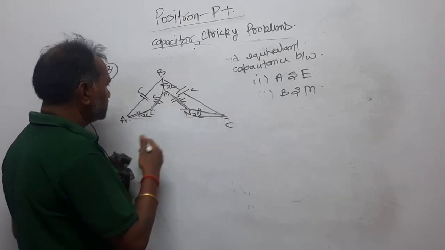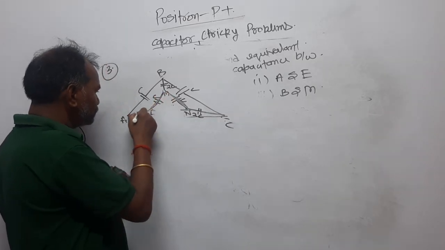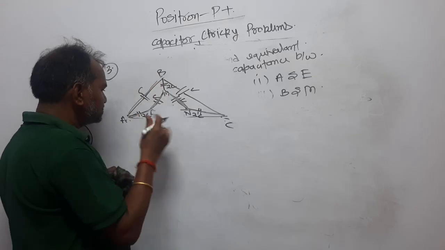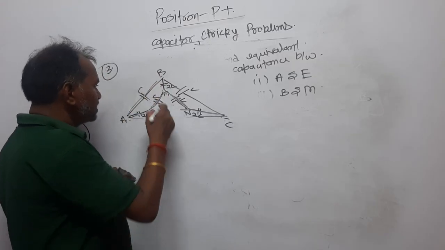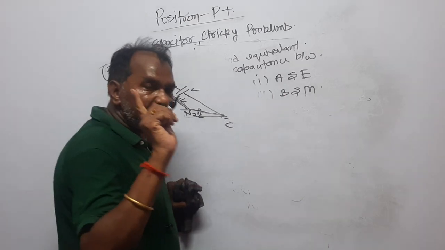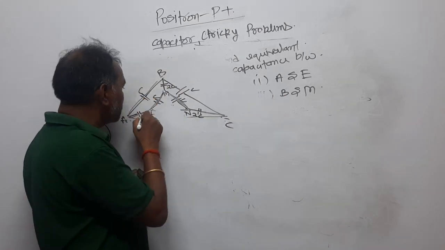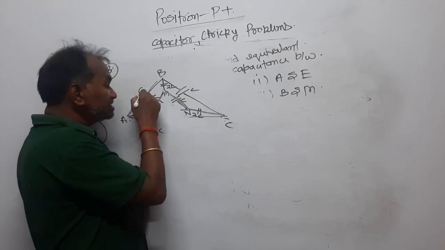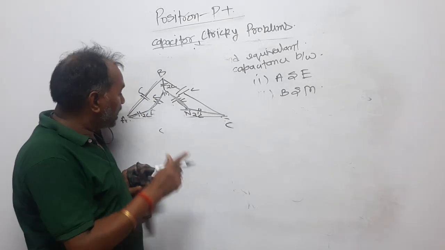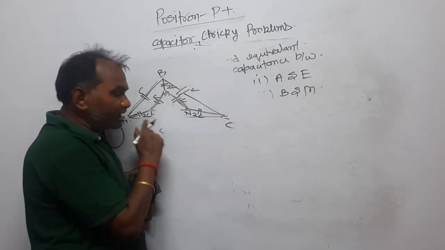Now what becomes? Now look here, C, 2C, C are in series. Look here, this C, 2C, C are in series. CC has the equivalent capacitance C by 2, and this C by 2 and 2C again is in series.